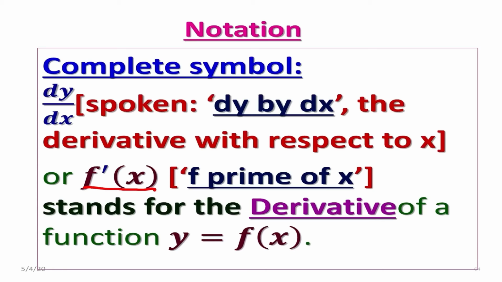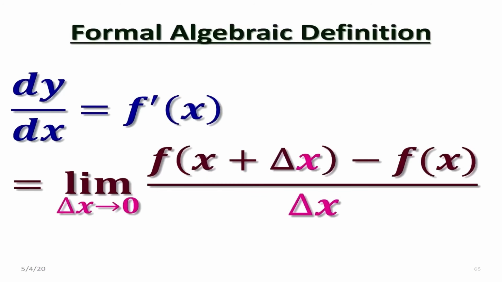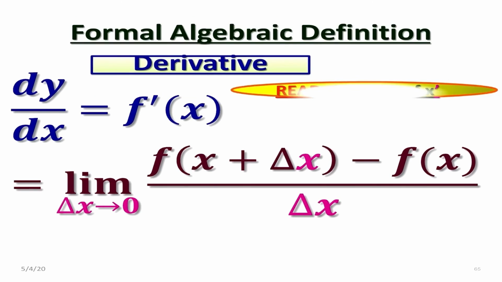So we can use them alternatively. And finally, we have arrived at the formal algebraic definition of the derivative. So dy dx or f prime of x equals the limit when delta x approaches 0 of f of x plus delta x minus f of x over delta x. So again, dy dx or f prime of x stands for the derivative.